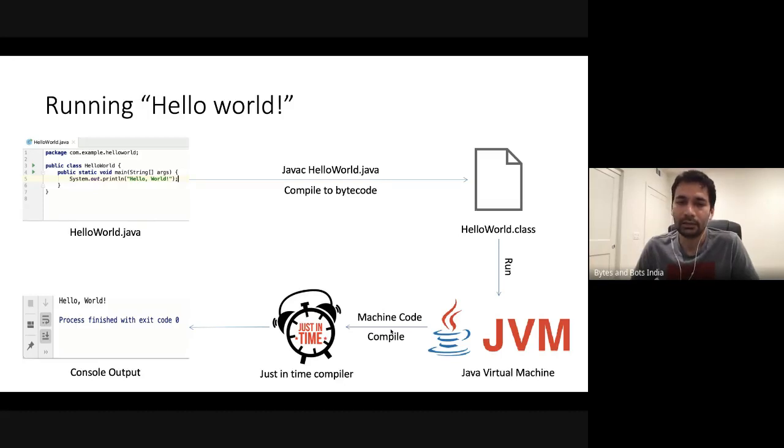So why does javac not compile the program into machine code directly? Why go through the JVM? It's because it's not that simple. Machine code is not platform independent. As an example, phones generally use a CPU architecture called ARM, advanced something. I'm forgetting the acronym, but they use ARM processors.